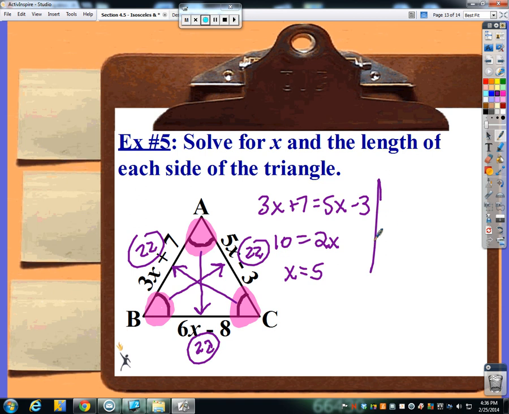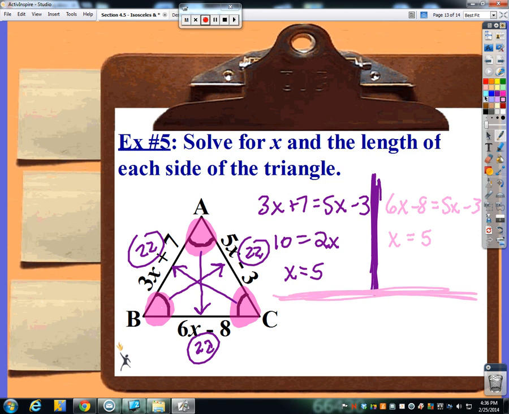Now, let me put a little partition here. What if instead we had picked the 6x minus 8 side and the 5x minus 3 side? Well, let's see. I'd subtract 5x over and I get x, and I add the 8 over, and negative 3 plus 8 makes 5. I still get the same answer of x equals 5, and I plug it back in. I'm still going to get 22s again.